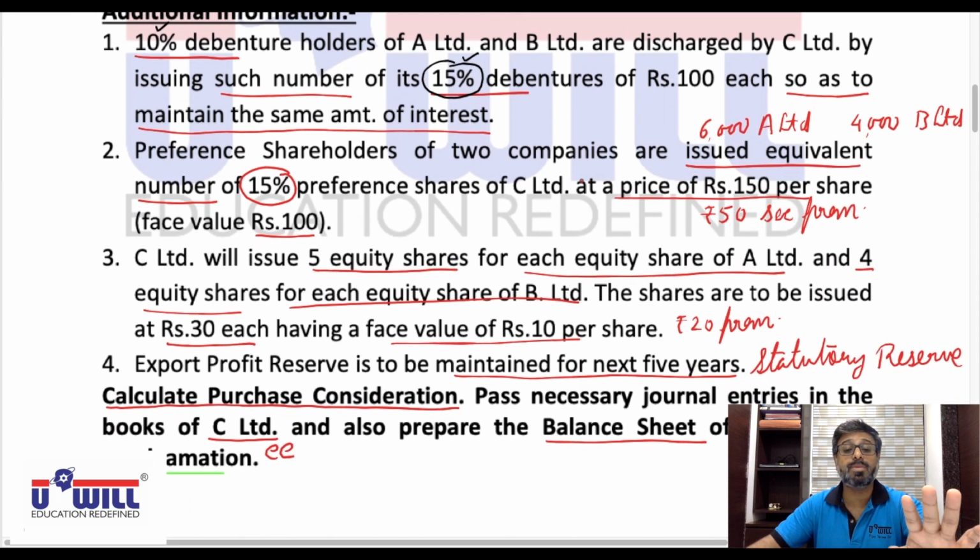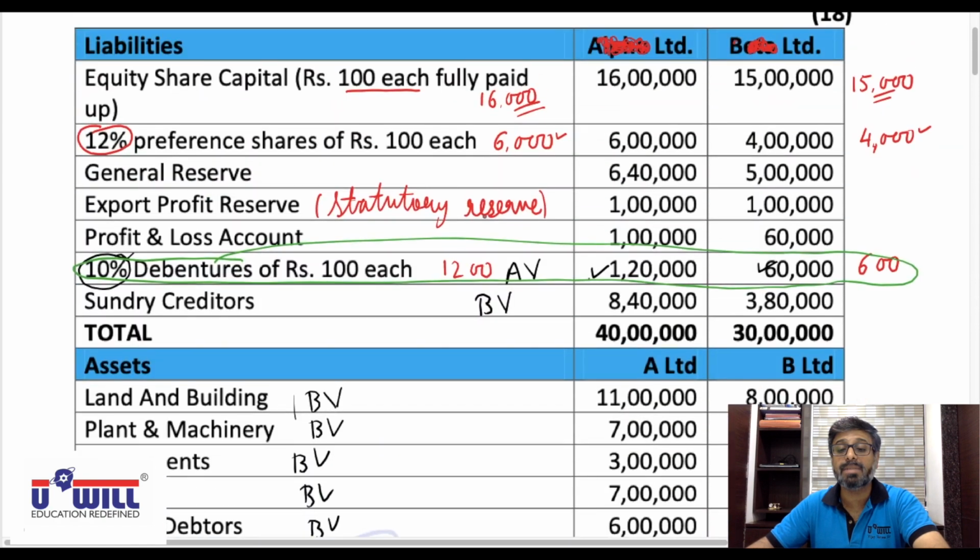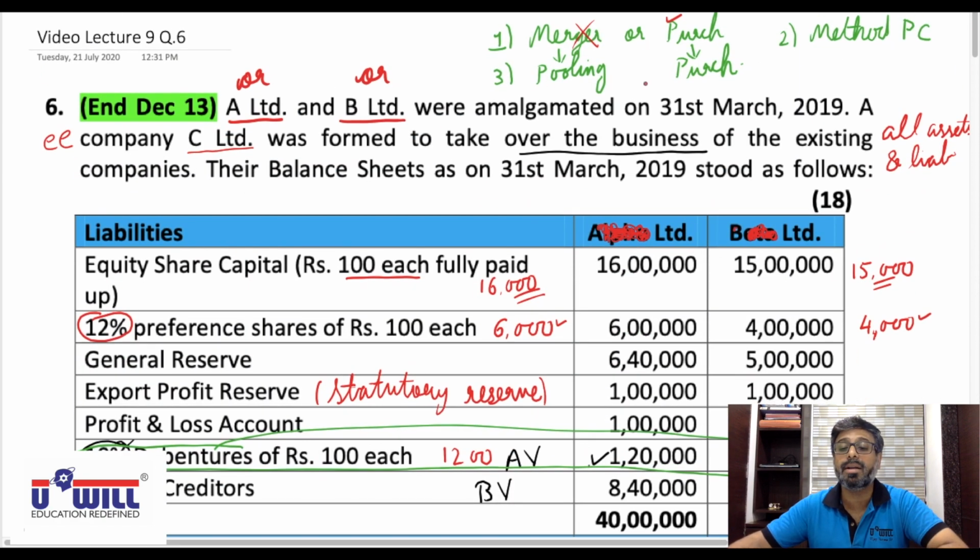Net payment method means all the modes of payments must be given. Nothing should be missing. Amounts should not be missing. If you see adjustment 2, the information on what payment we are going to make to preference shareholders is given. What payment we are going to make to equity shareholders is given in adjustment 3. So modes of payments and their details are given, nothing is missing, which means it is net payment method.